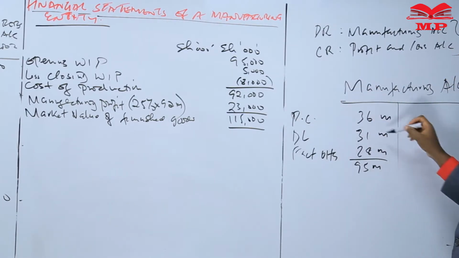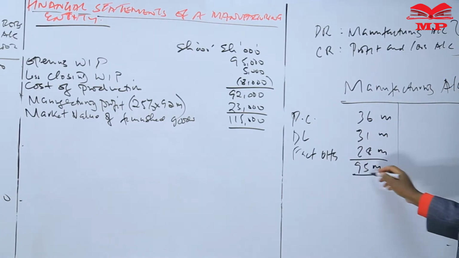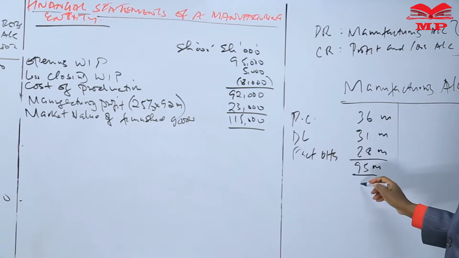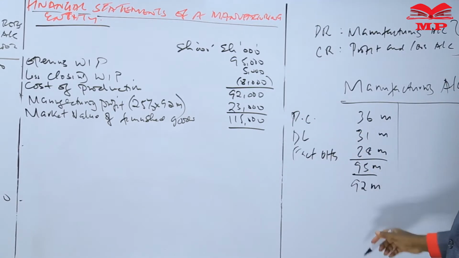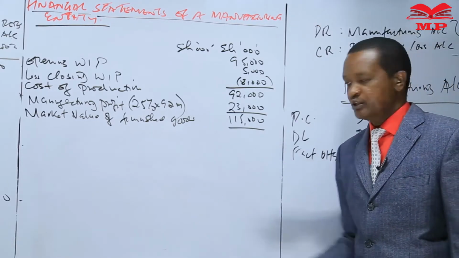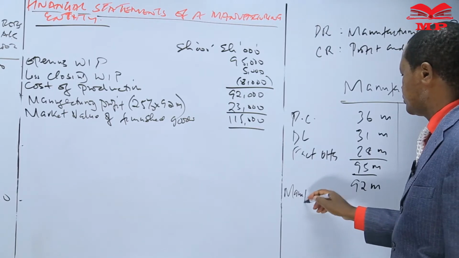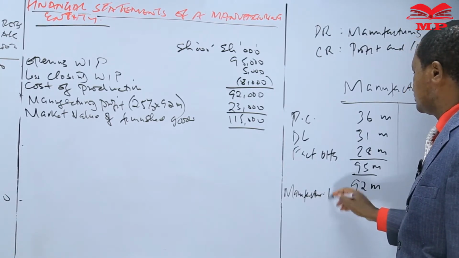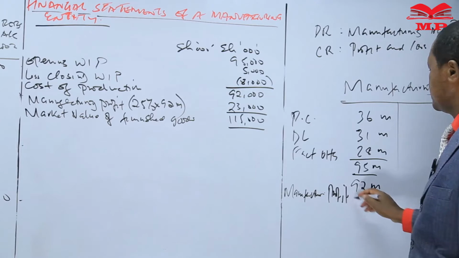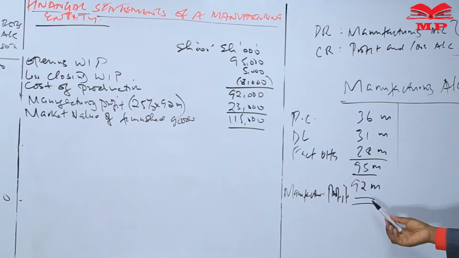So we had a total cost of production here of 92 million. Then of course the manufacturing profit. So you can see here manufacturing profit is debited on this account.